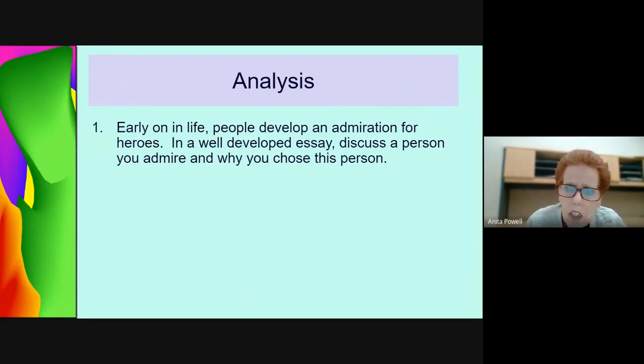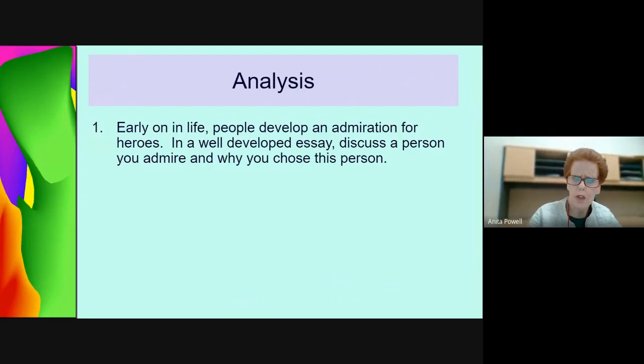Early on in life, people develop an admiration for heroes. In a well-developed essay, discuss a person you admire and why you choose this person. Okay, that's our prompt. We develop an admiration for heroes. Now we're asked to put together a well-developed essay discussing a person we admire and why we chose that person.